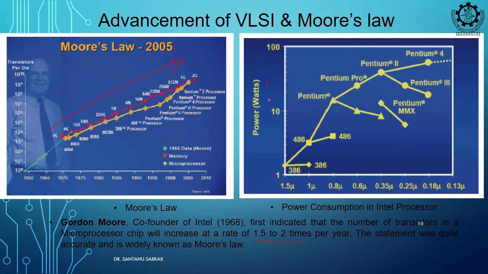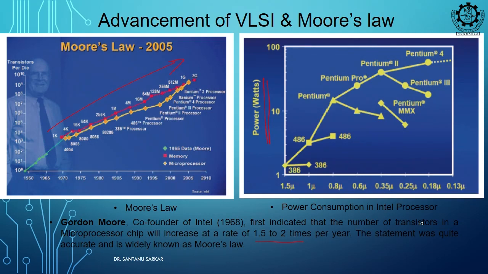Here you can see that it is power. You can understand what is happening with the shrinking of technology: we can stack more transistors, and the effective capacitance is reducing, so we can go up in frequency.